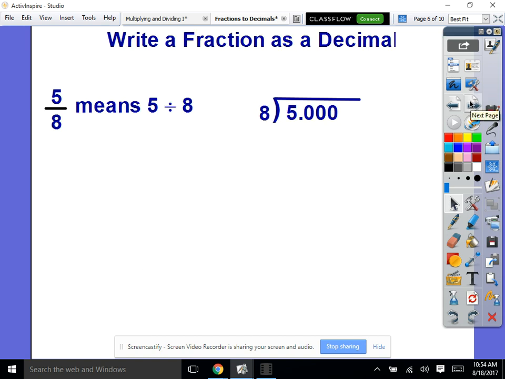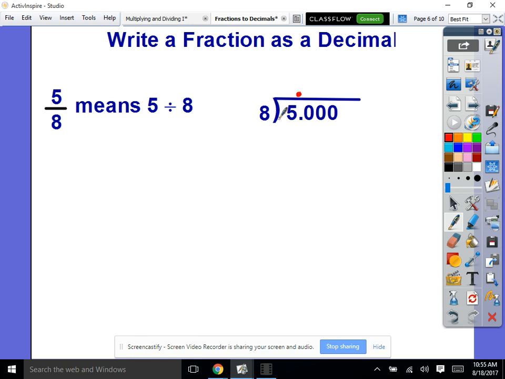All right, if we want to write a fraction as a decimal, 5/8 is the fraction, and that means 5 divided by 8. So the number that's on the bottom goes on the outside of the division, and the number on top is what's being divided, so it goes inside. Now, I always tell my students, carry that decimal point up. Go ahead and put that in. And I also tell them to cover every digit except that first one.